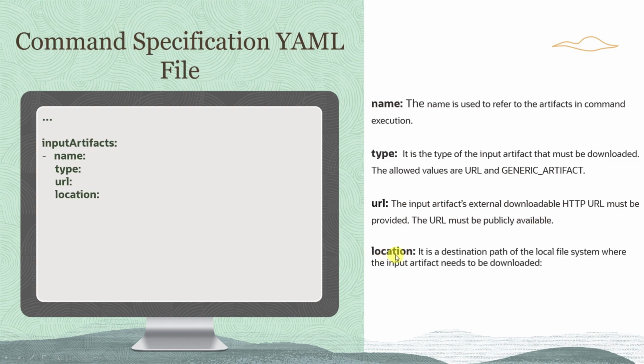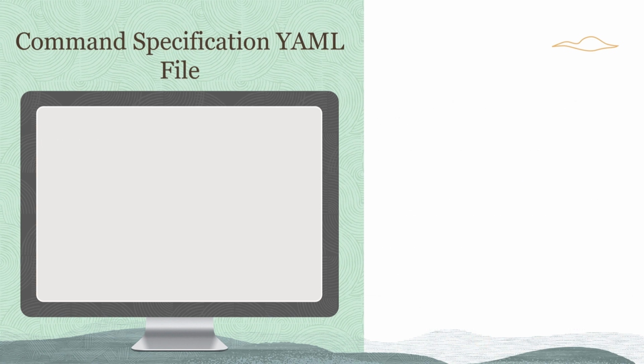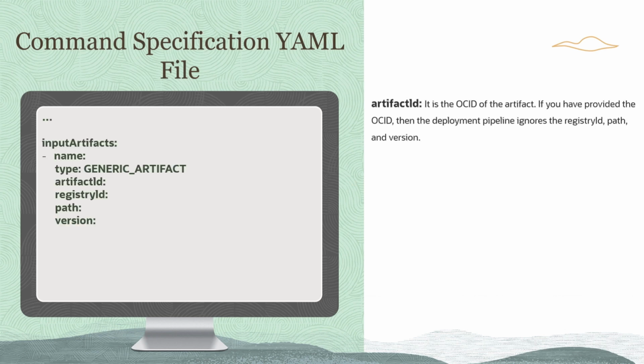And you must specify the location. This is the destination path of the local file system where the input artifact needs to be downloaded. And these are the several options that you can choose for your destination path on the local file system. Input artifacts also have other parameters that we must define, and these parameters are mandatory for defining input artifacts.